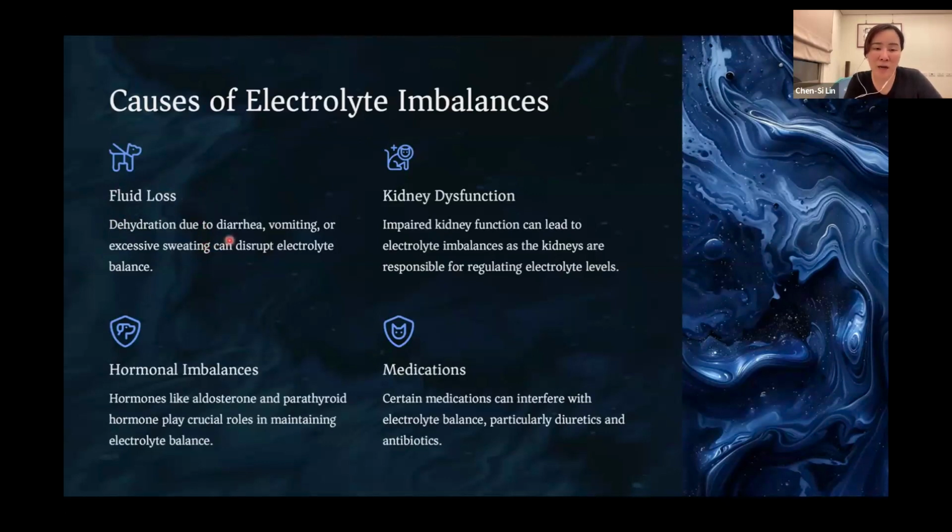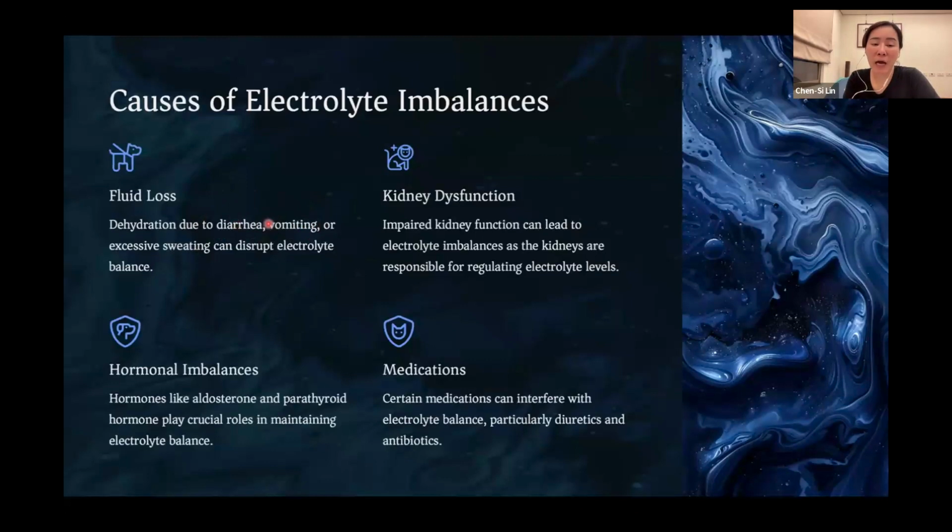Basically, we most often see it if the animal is suffering from diarrhea or severe vomiting. Sweating is a human case; dogs usually don't sweat. So in dogs and cats, dehydration will mostly result from severe diarrhea or vomiting.